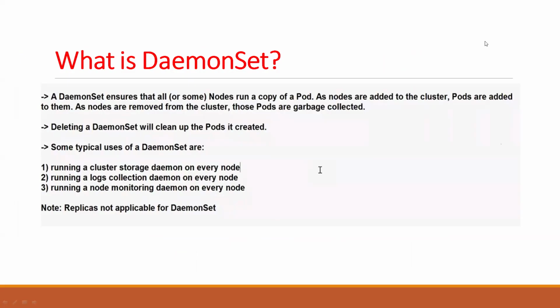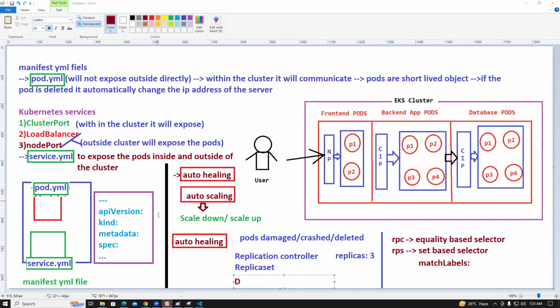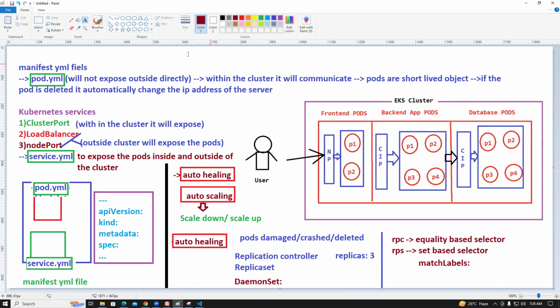So daemon set means, for example, here we have two worker nodes. If you create the pod in one worker node, the second worker node also automatically creates it.